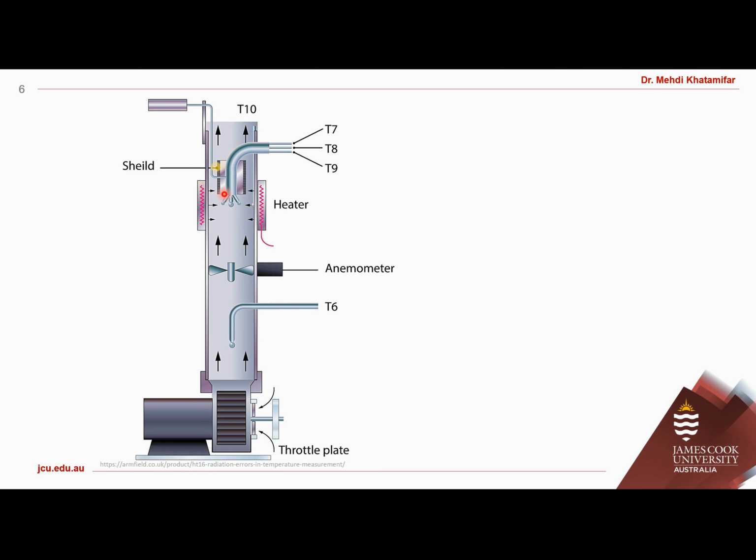And around those temperature sensors, we have this radiation shield. As you can see, it's labeled radiation shield. This radiation shield can be raised to allow radiation or lowered. And how can we have that radiation?